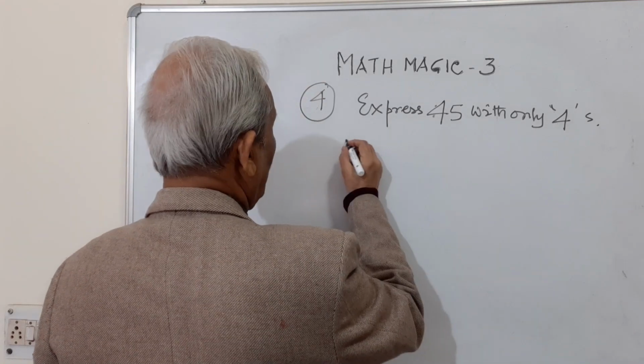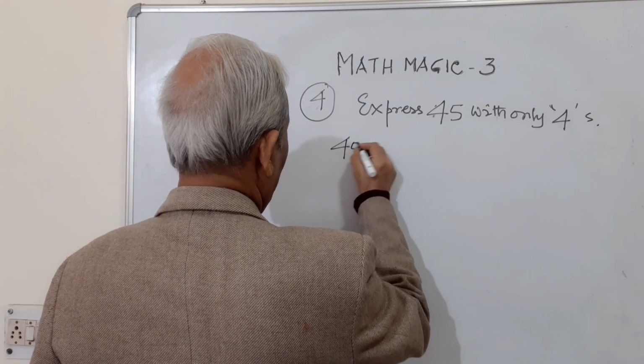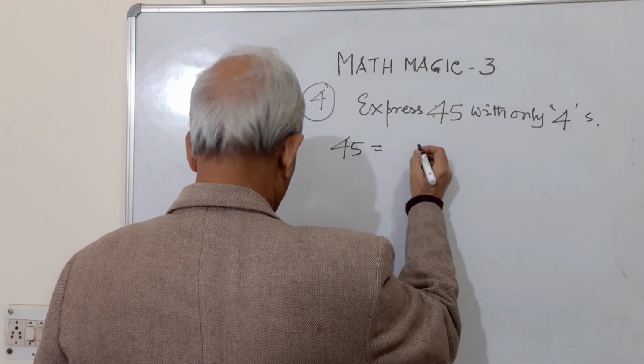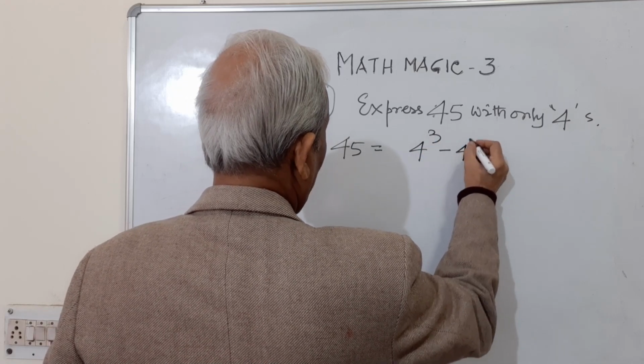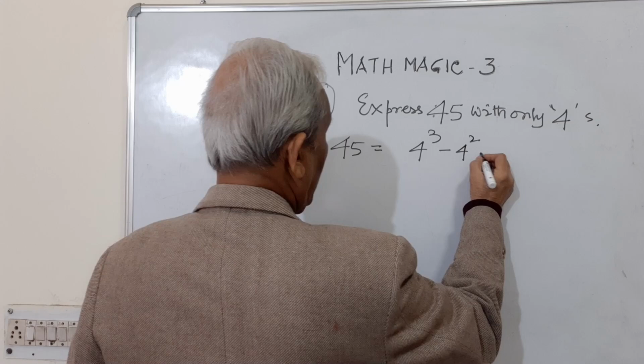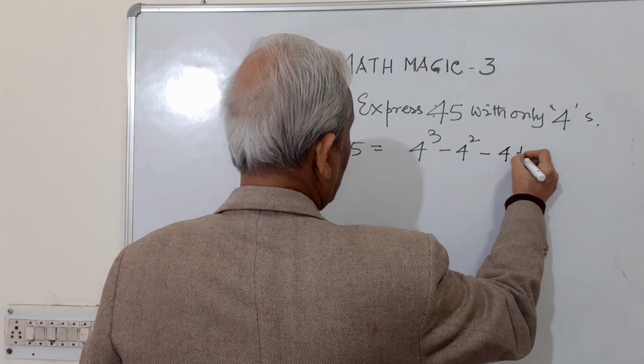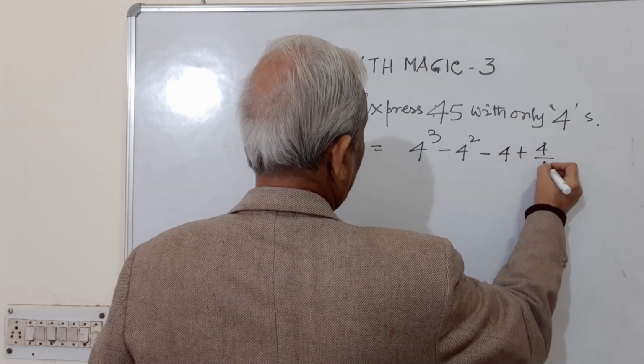We can express 45 as equal to 4 cube minus 4 square minus 4 plus 4 by 4.